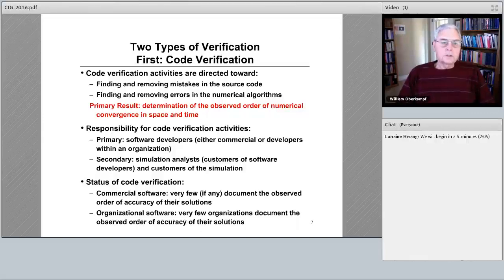Responsibility for code verification activities. Primary is the software developers. These can either be commercial activities or developers at a university or a government organization, any of these. But they're developers of the software itself, with primary responsibility. But we should not forget that there is also secondary responsibility of the simulation analyst.